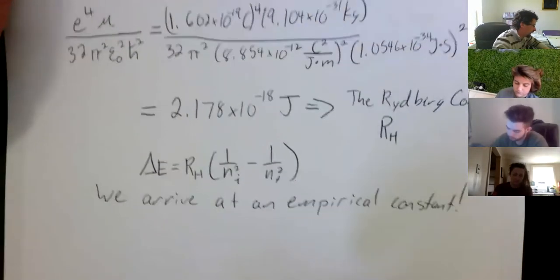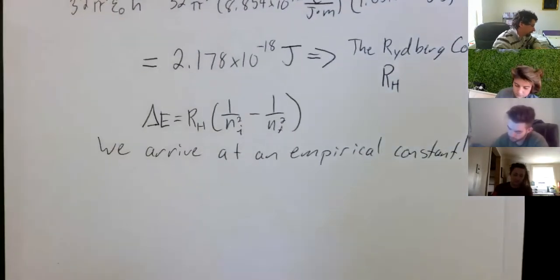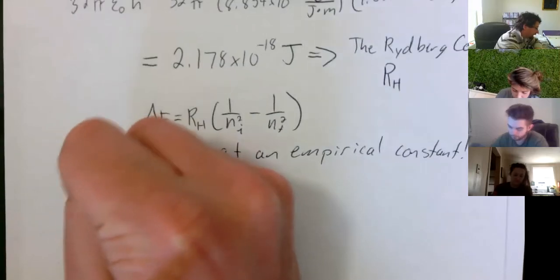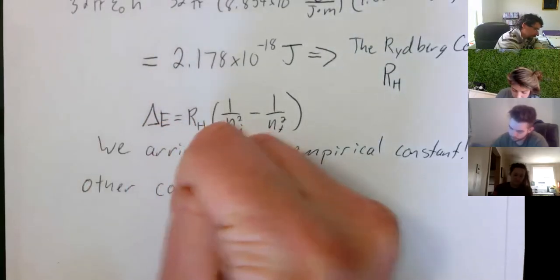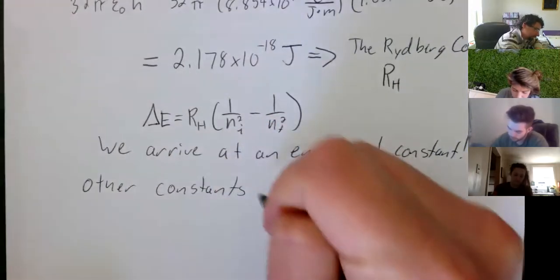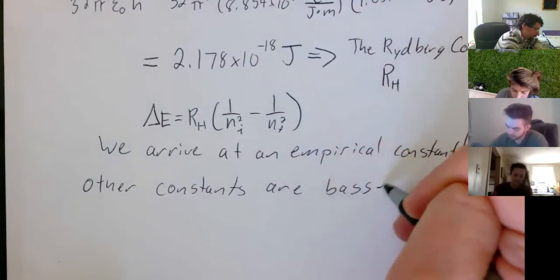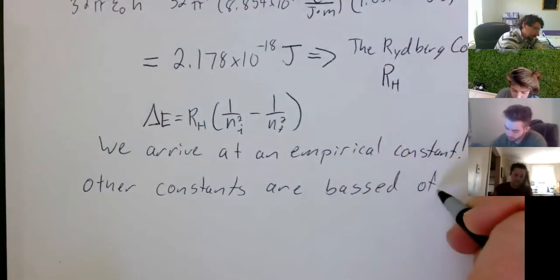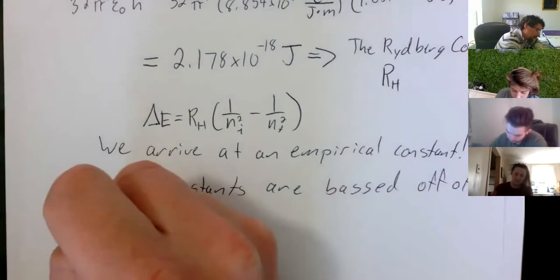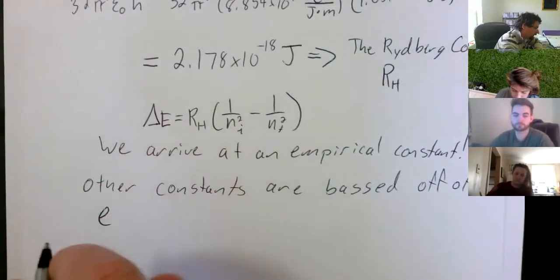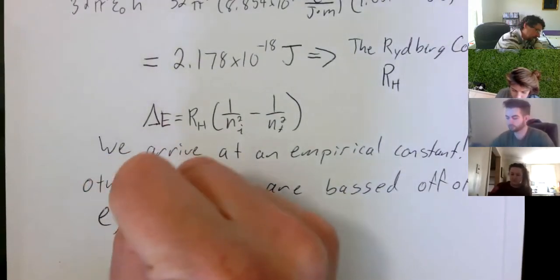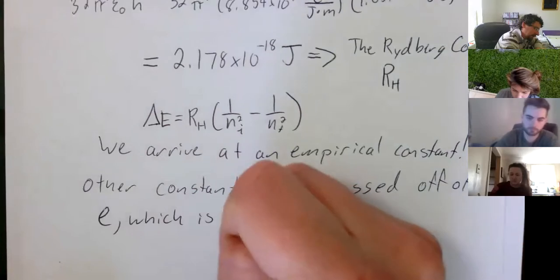Okay. So now the other constants. We're going to make the symbol rho, which is dimensionless.